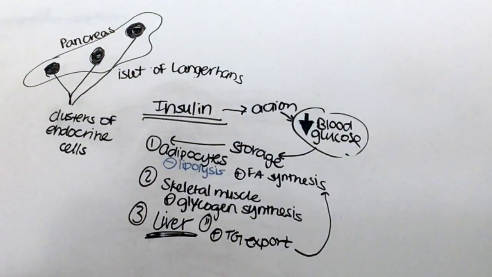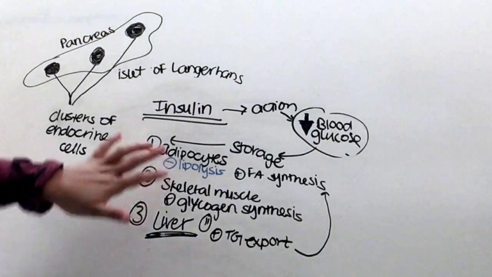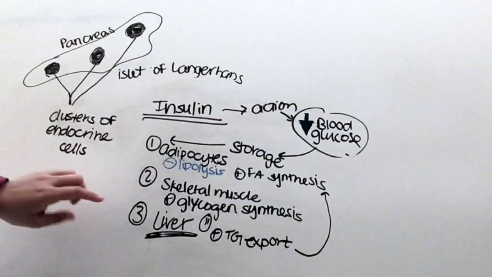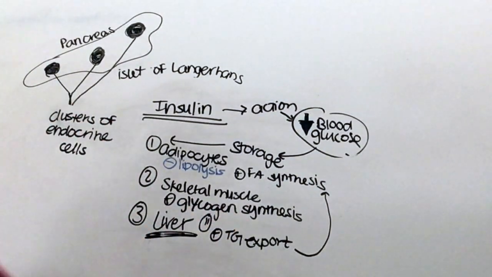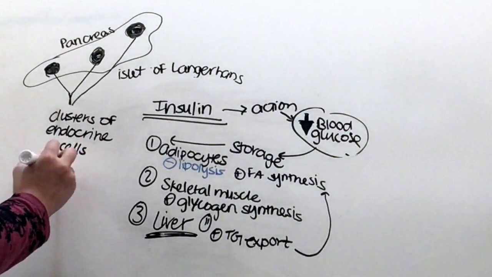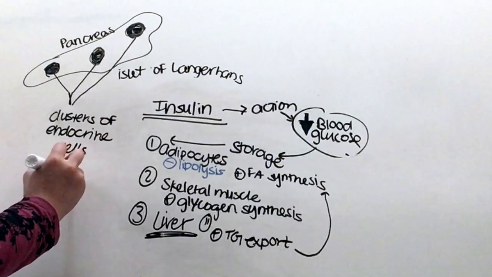Insulin, on the other hand, is an anabolic hormone. It's going to build up fatty acids, build up adipocytes, and build up our store of glucose by increasing glycogen synthesis both in the liver and the skeletal muscle. So I'll just write that over here in case anybody wants that clarification.